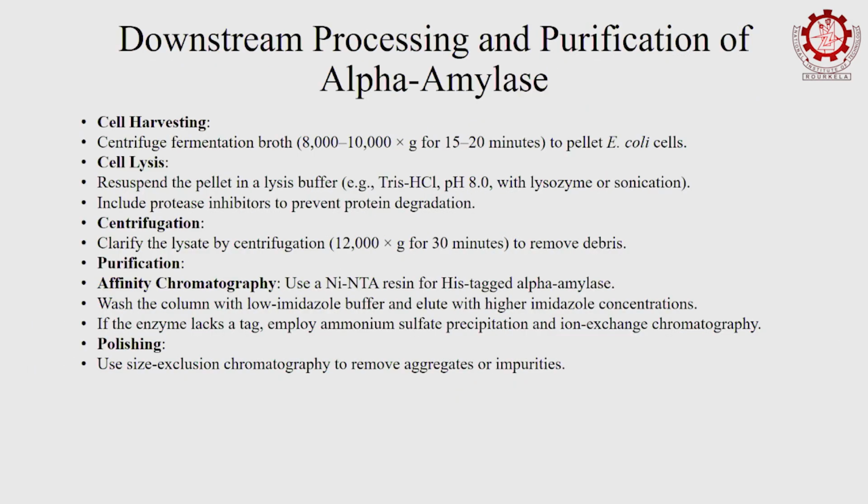In downstream processing, as I already mentioned, for brewery grade or beverage industries there is no need of higher purity. But generally, the procedure is centrifugation at 8,000 to 10,000 rpm for almost 15 to 20 minutes, to separate the pellets of E. coli.